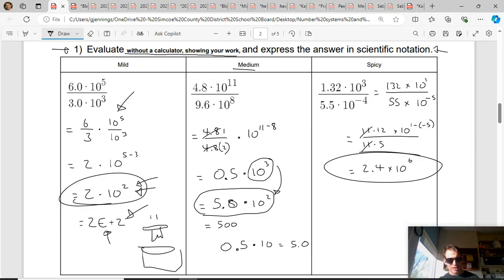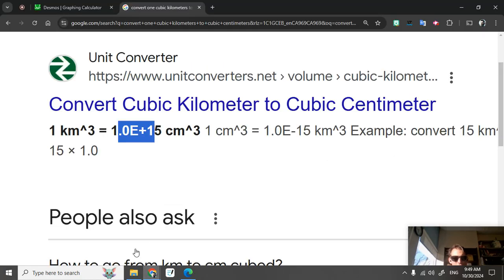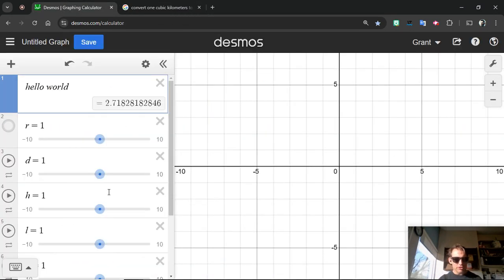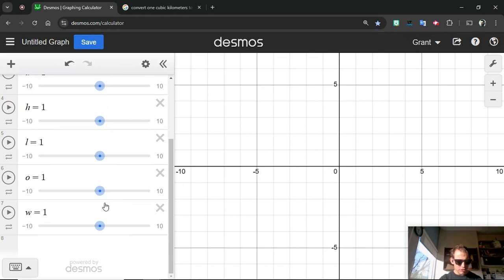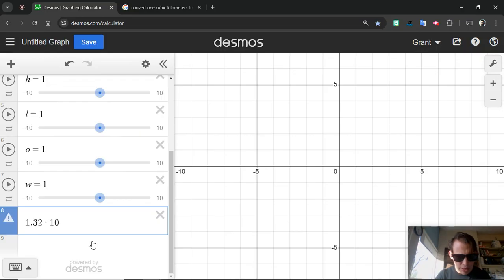I mean, and then this is what you can do when you're working on your own, right? You can check your answers, and you just check your answers in Desmos like this. Desmos is a great tool to build your math learning. Okay, so I'm going to have, I believe it was 1.32 times 10 to the power 3.